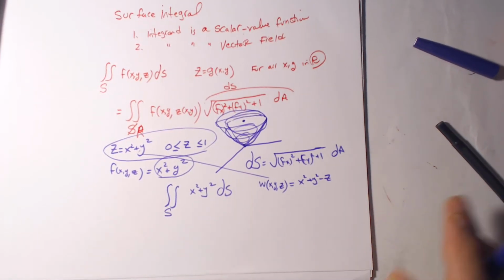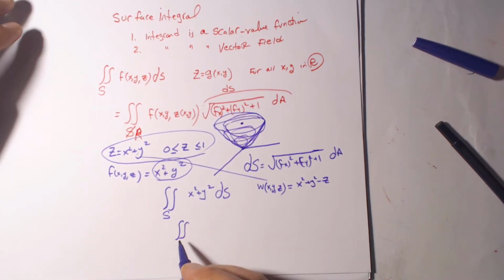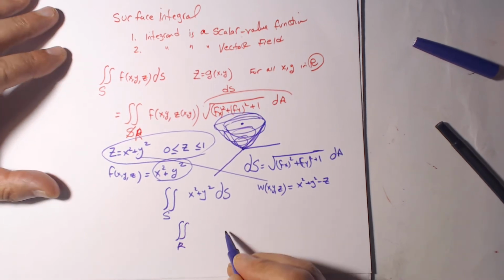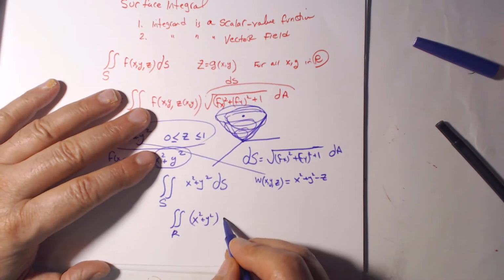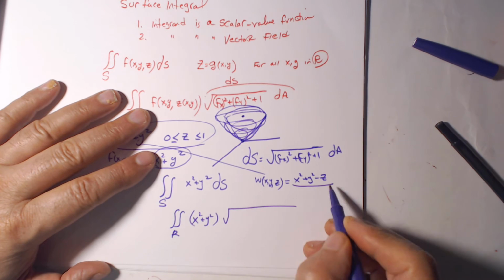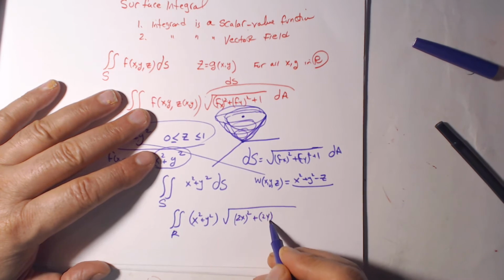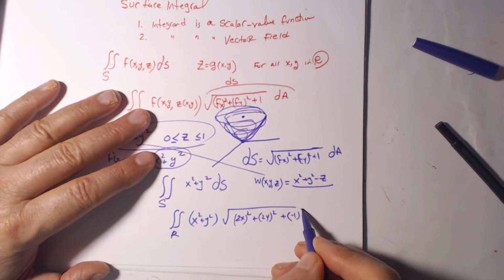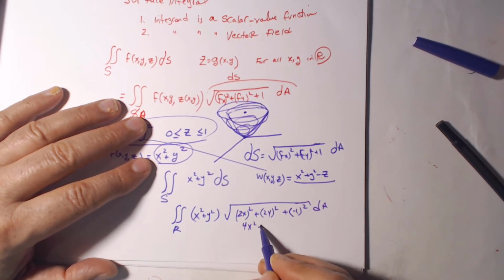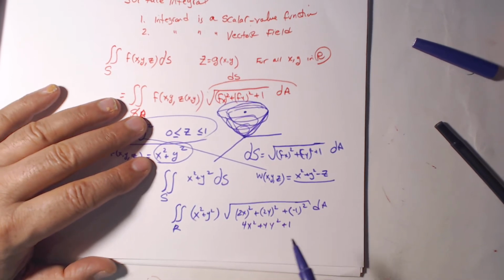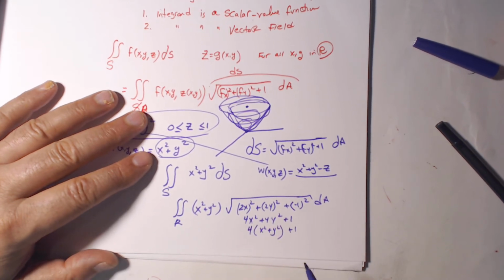Therefore, you're going to write the surface integral over the region, and here you have x squared plus y squared, and instead of dS, you're going to write the partial with respect to x, which is 2x squared, the partial with respect to y is 2y squared, and the partial with respect to z is negative 1 squared, dA. This is 4x squared plus 4y squared plus 1, and if I factor the 4, you have 4 times x squared plus y squared plus 1.